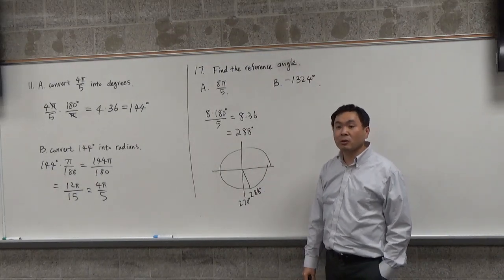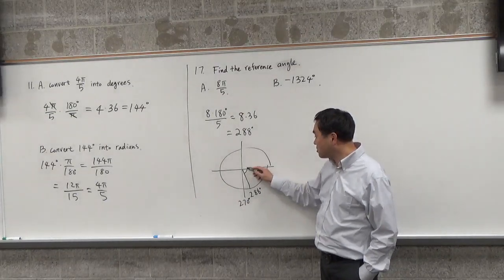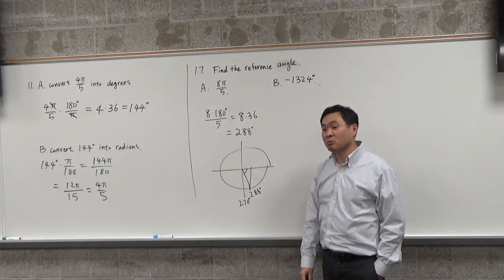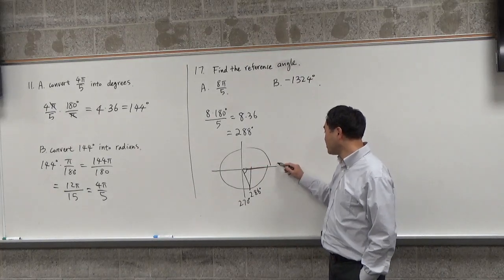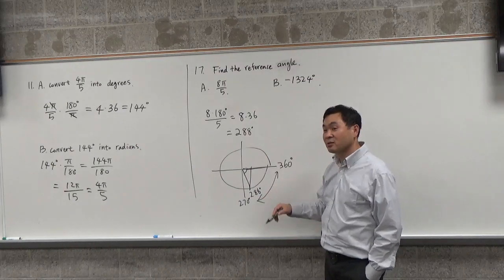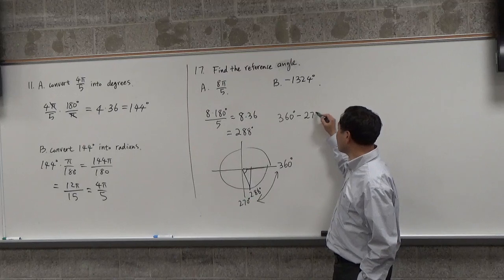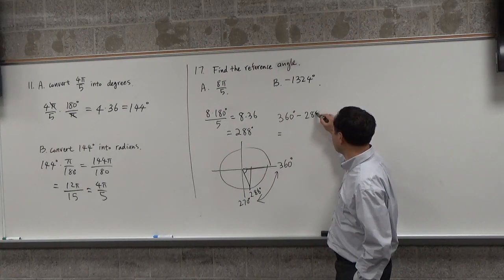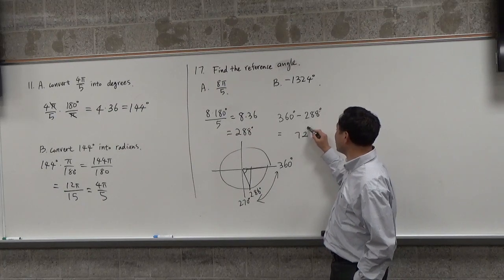So now think about where the reference angle is. The reference angle is the closest angle to the x-axis, so this is your reference angle. How would you get it? This is 360, and you want to know the difference. So 360 degrees minus 288 degrees is equal to 72 degrees.